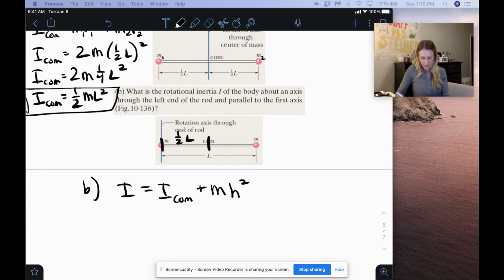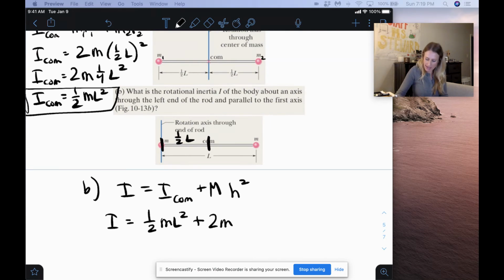So what we end up getting here is I is equal to I center of mass, which was 1/2 ML squared, plus the total mass of the system. So really I should have written this as big M, not to be confused with those little m's that we have 2 of. So big M, the total mass of the system, is 2m, times h, which is 1/2 L, and then I'm going to square that.